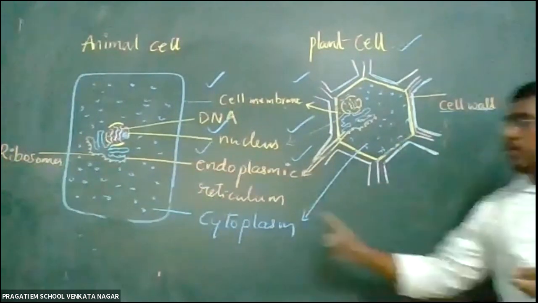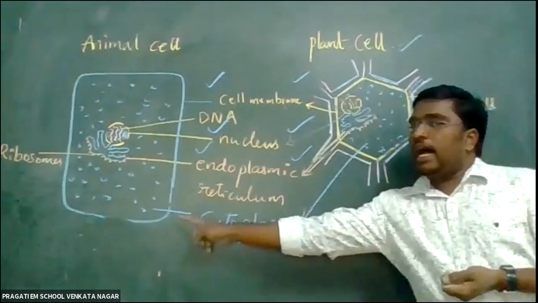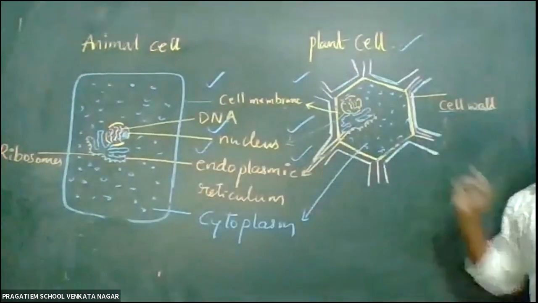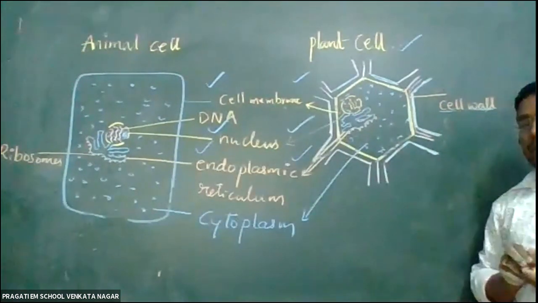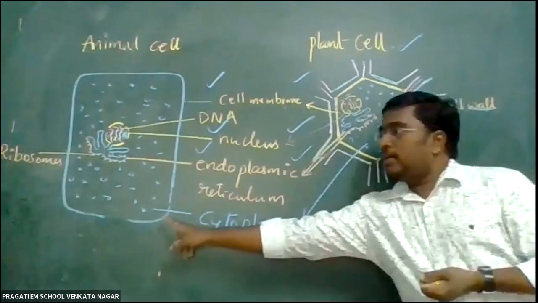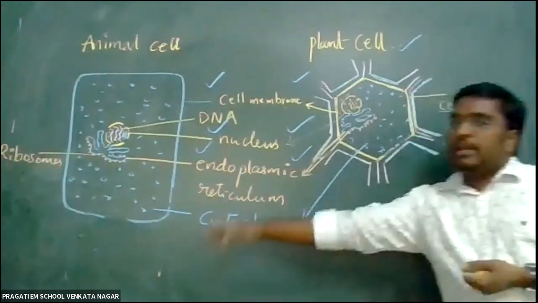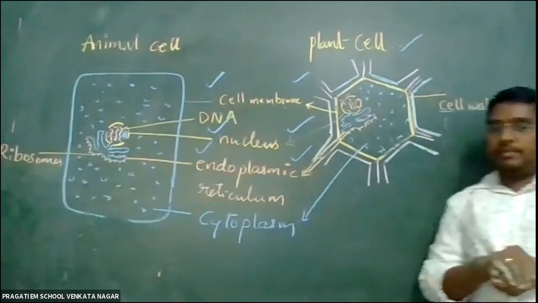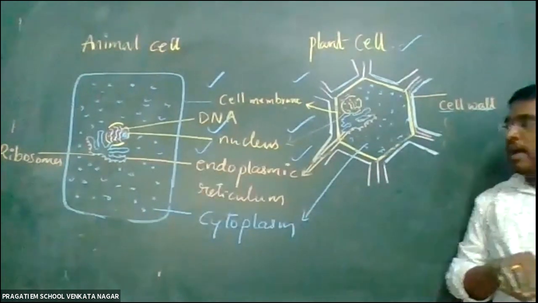So this is one of the similarities between animal cell and plant cell. Cytoplasm is present in both plant cell and animal cell.